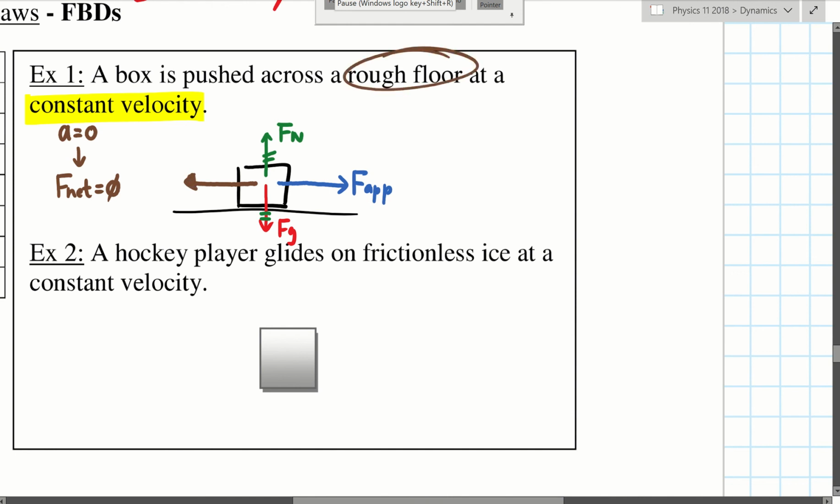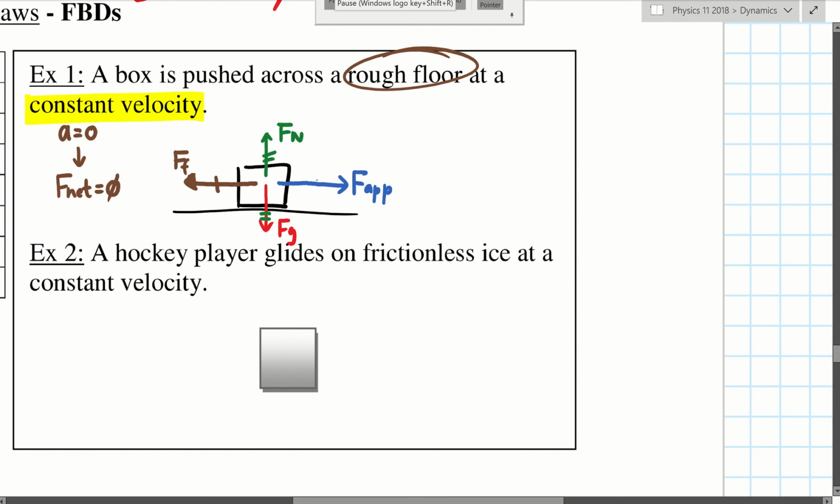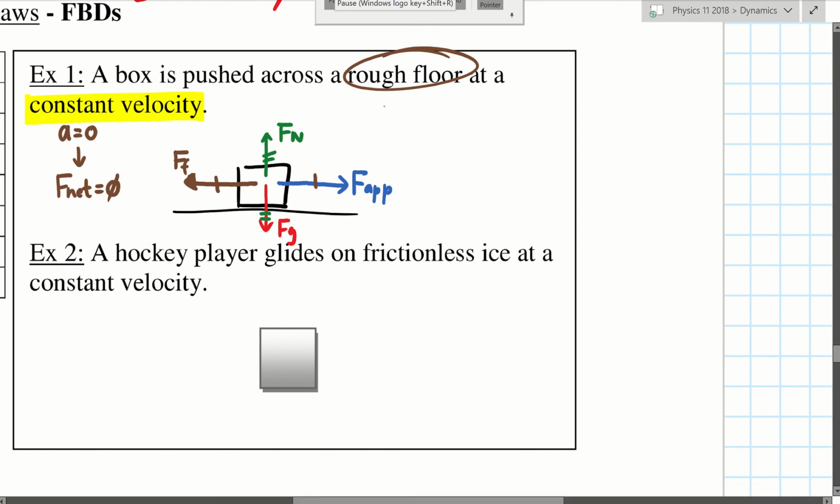Well, this is a rough floor. So, friction. How big is friction? Because you have constant velocity, all the forces should add up to 0. Therefore, this friction should be the same as the applied force. This is the free body diagram of an object that's moving at constant speed with friction. Rough floor means you must have friction.